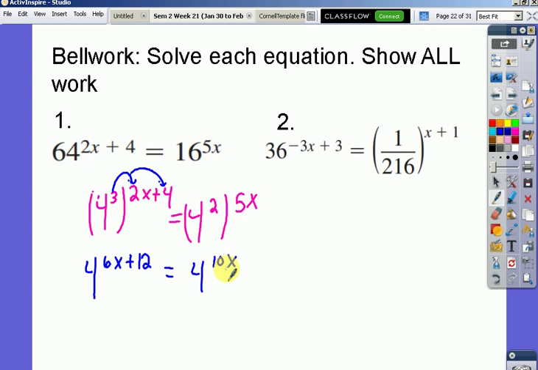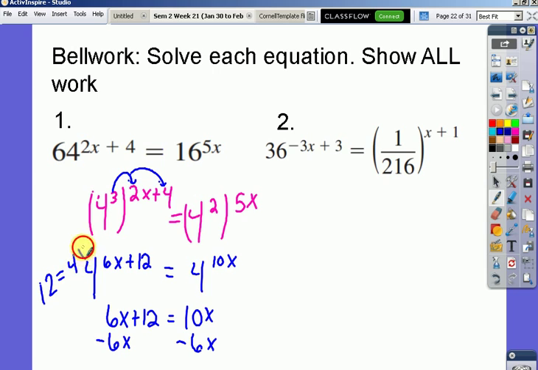Now these are like bases, so I can set the exponents equal to one another. 6x plus 12 equal to 10x. Subtract 6x on either side. You get 12 equals 4x. 3 equals x. X equals 3.